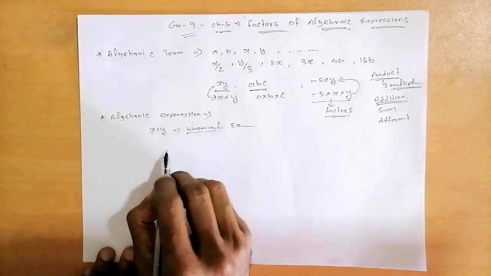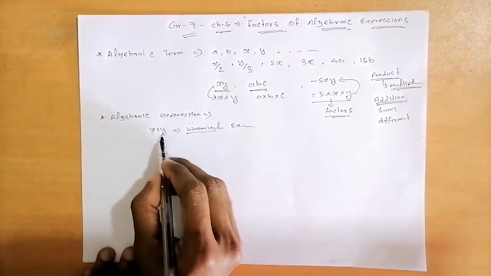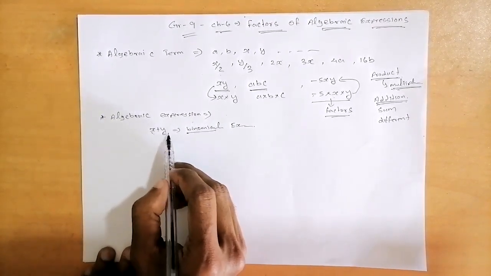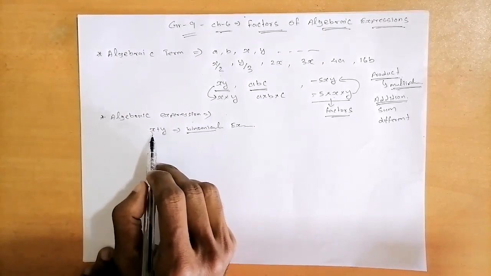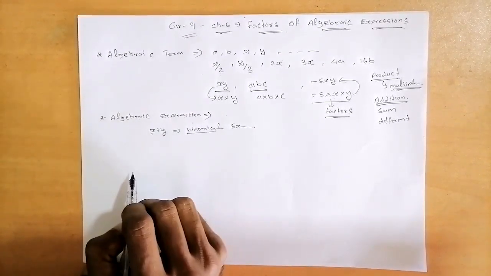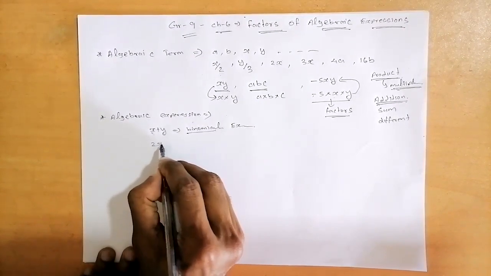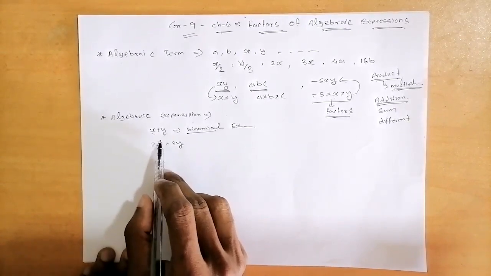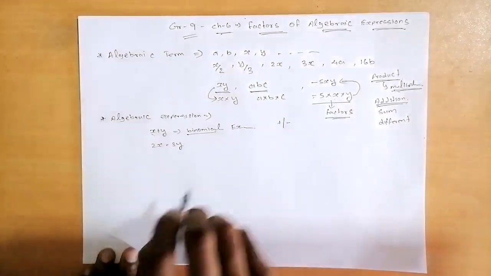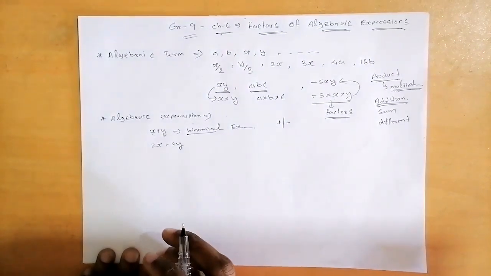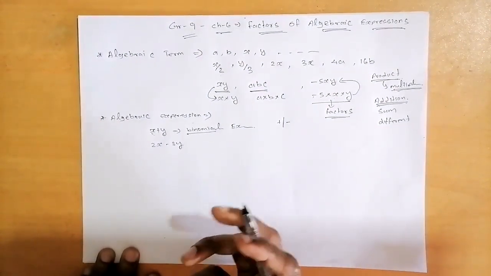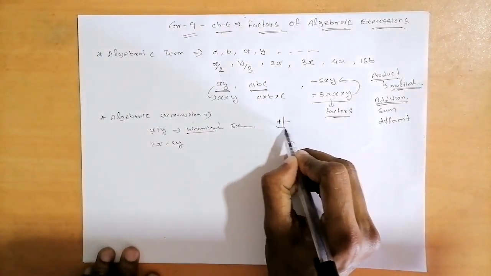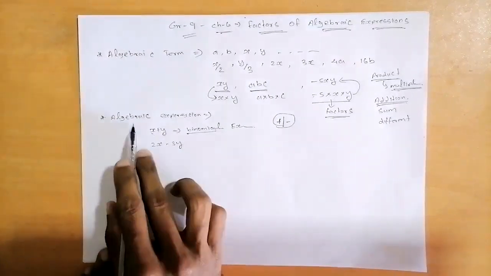We name it binomial because it has two algebraic terms, and these expressions consist of English alphabets. Let's take 2x minus 3y. Algebraic terms with addition or subtraction, more than two or three terms, we call algebraic expressions.